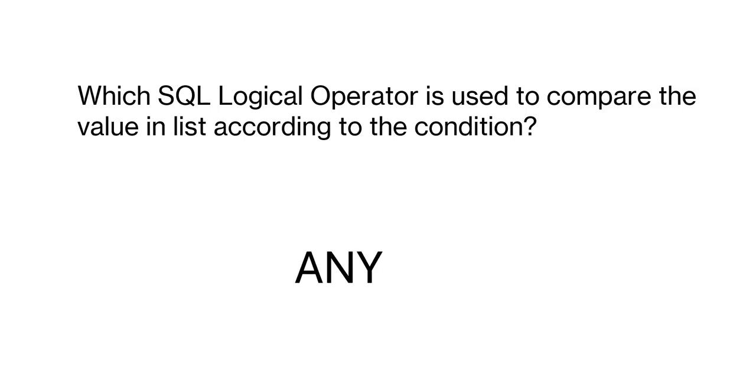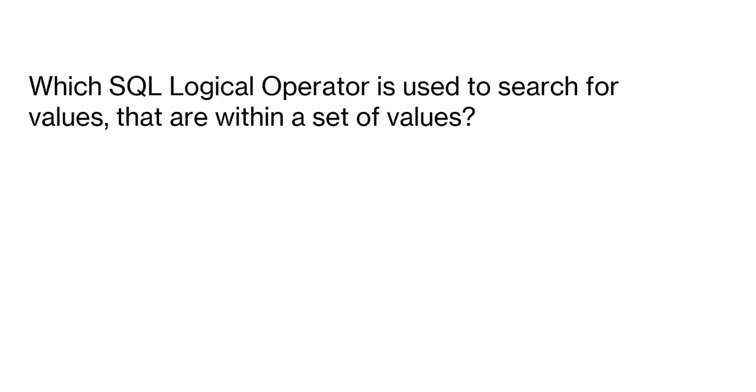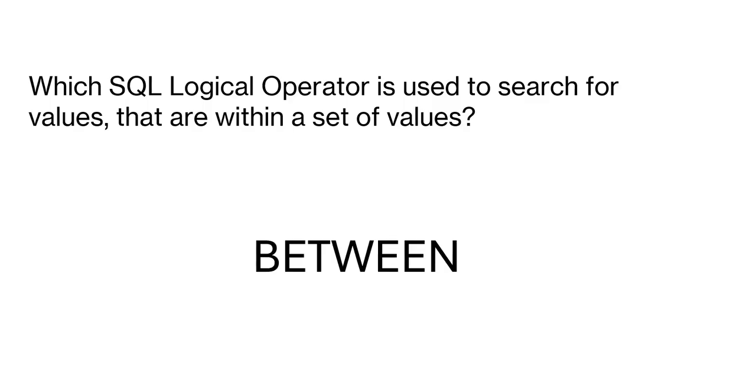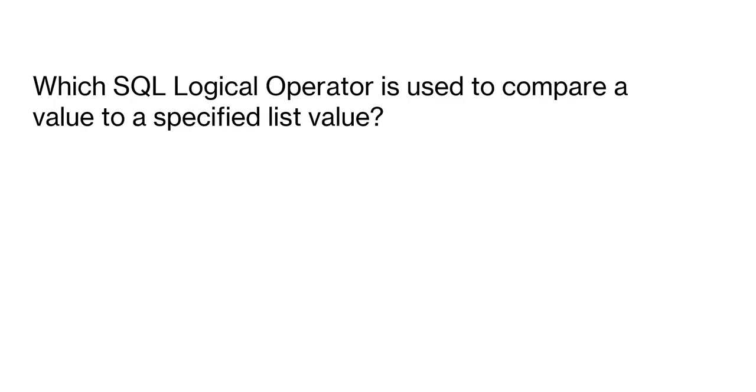That's an any. Which SQL logical operator is used to search for values that are within a set? So you have a set of values or a range of values. You have a maximum value, a minimum value, a top and a low value. You're looking for anything that's between those values. That's going to be between.